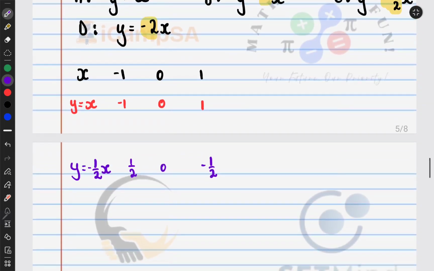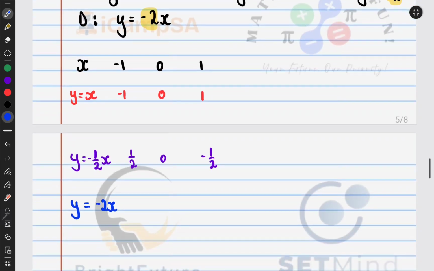and then the third function is y is equal to -2x. Corresponding values are going to be -1 times -2 is +2, 0, and -2.